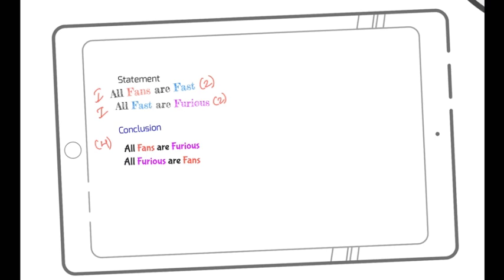Let's first start with drawing the diagram for the first one, which means all fans are fast. This is my fan, which is given in red, so we'll put it in red. This is my all fans, and then let's go with the fast. I'll draw the fast here in blue, which means all fans are fast.